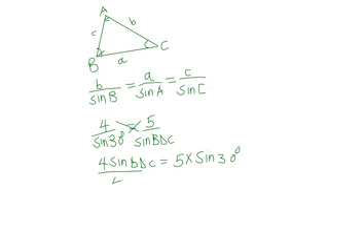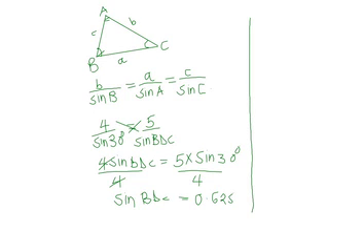We divide by 4 on both sides. So the sine of BDC is equal to 5 multiplied by sine 30 degrees divided by 4, which is 0.625. Therefore, to obtain the angle BDC, we get the sine inverse of 0.625.